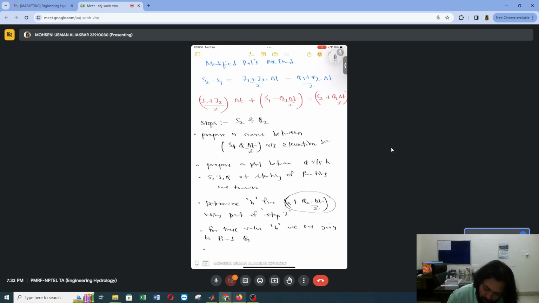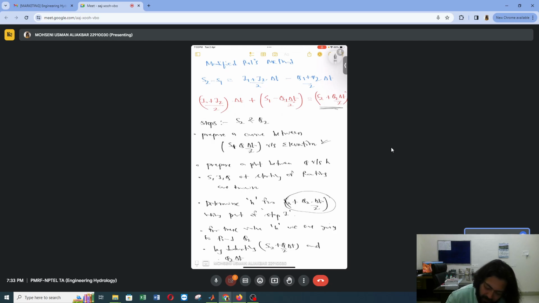And now we are going to obtain this term, that is the required term on the right hand side, by deducting Q2 delta T from S2 plus Q2 delta T by 2.